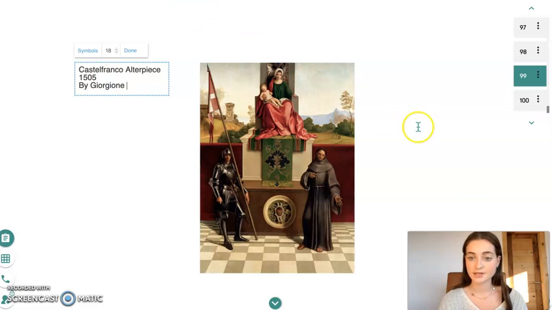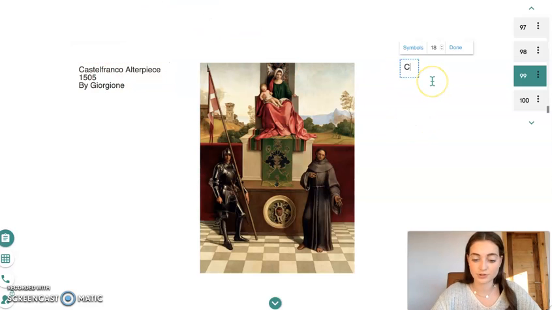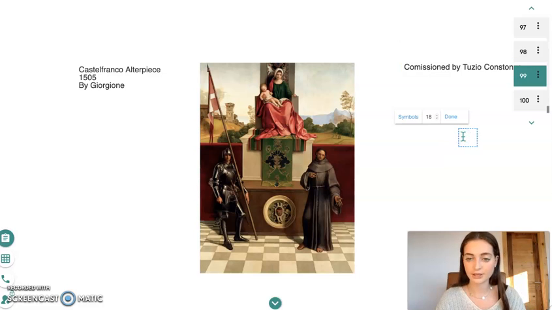So with this in mind, this piece was commissioned by Tuzio Costanzo. Okay, and he commissioned this piece to commemorate the death of his 23-year-old son, Matteo, who died serving the Italian army in 1503.